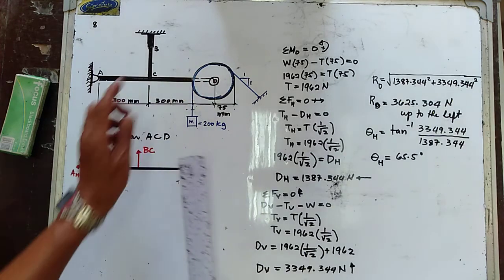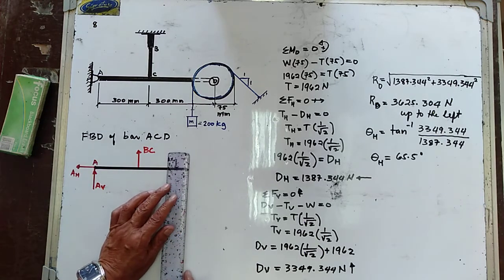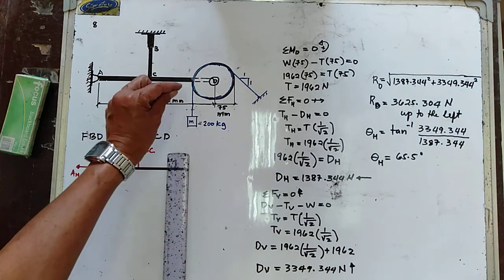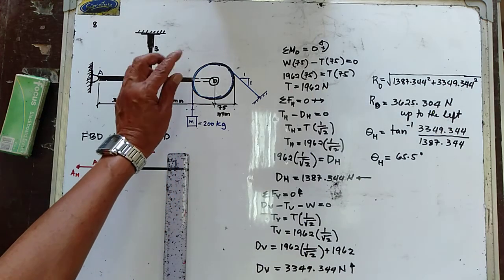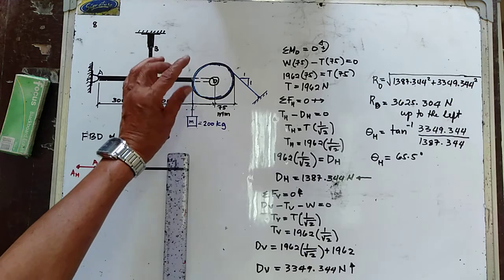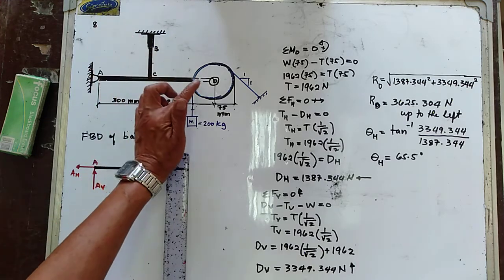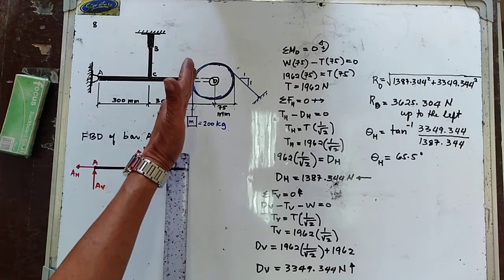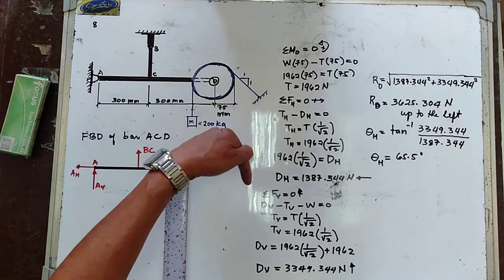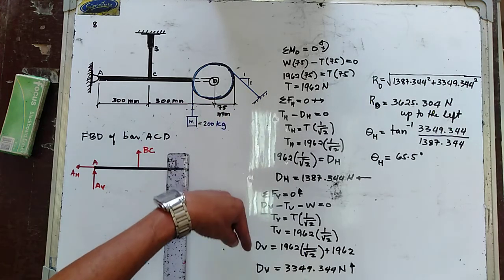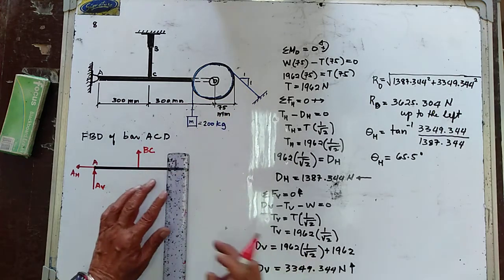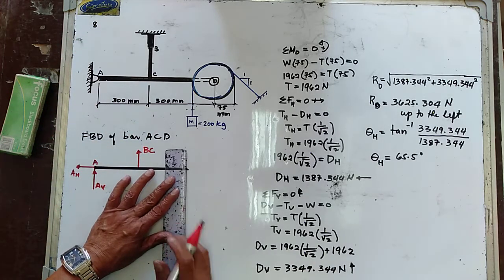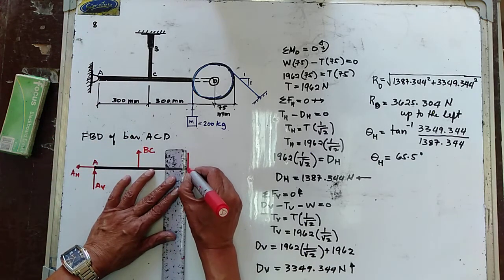And then the reaction at point D. Now, in the free body diagram of the pulley, the reaction at point D, your D vertical is going upward. Hence, in the bar, it will be going downward.